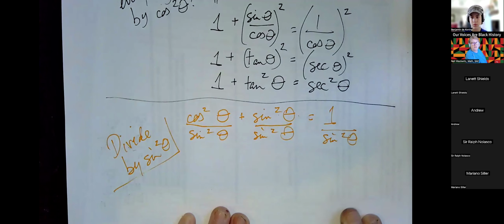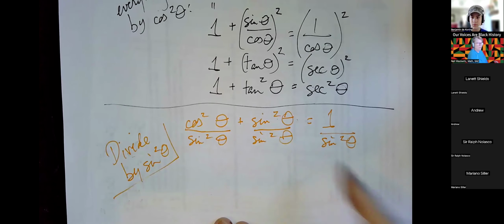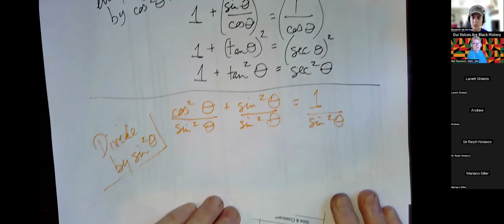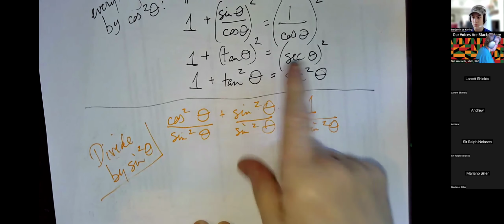The reason we think to do this is that one of these new fractions will be 1, the same as up here, which makes it a Pythagorean identity. Something squared plus something squared is 1 is a Pythagorean identity.